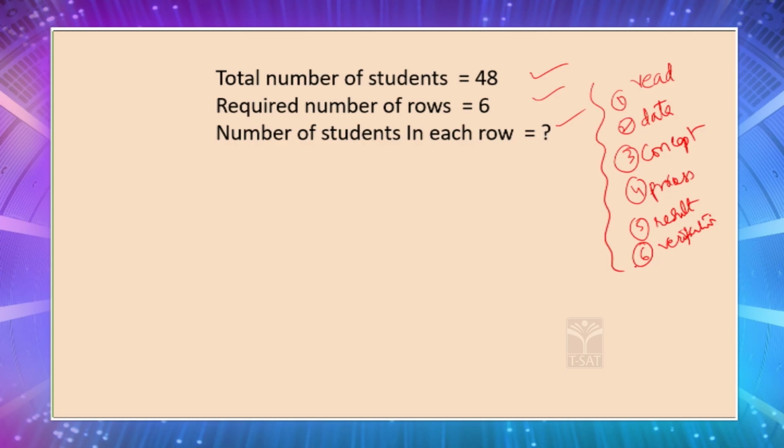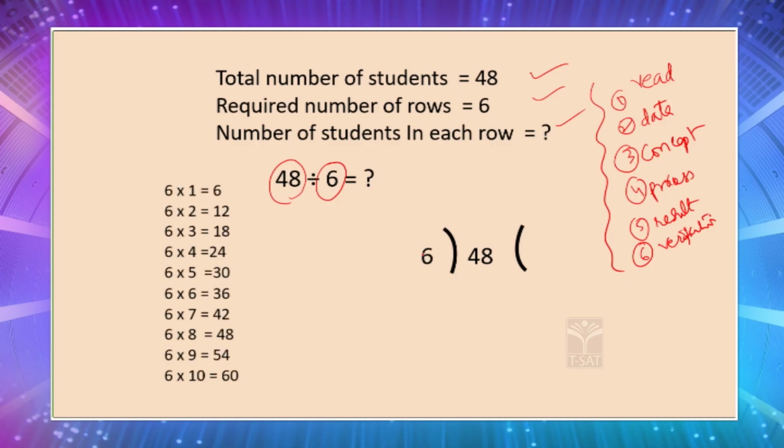First we have to read: the total number of students is 48 and the required number of rows given is 6. The number of students in each row is what they want. So, 48 students will be regrouped as 6 groups. In each group how many students will come? Go for the standardized method. So, 48 is the dividend here and 6 is the divisor here. See, the 6 table we know: 6 ones are 6, 6 twos are 12, 18, 6 fours are 24, 6 fives are 30, 6 sixes are 36, 6 sevens are 42, 6 eights are 48, 6 nines are 54 and 6 tens are 60.